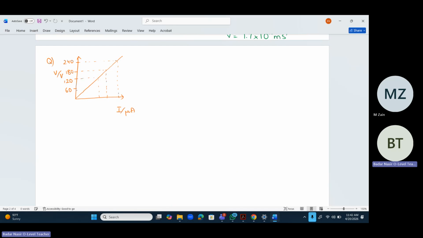In the exam you will be given a graph, so you should know how to read the values from the graph.